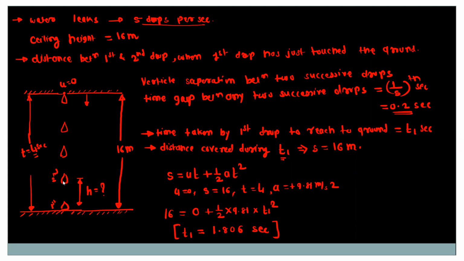So to find out the position of the second drop with respect to the first drop, let us assume the time taken by the second drop is t2, to reach this position. So t2 is the time taken by the second drop, which is just behind the first drop.